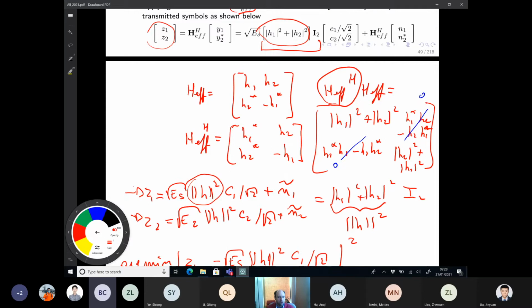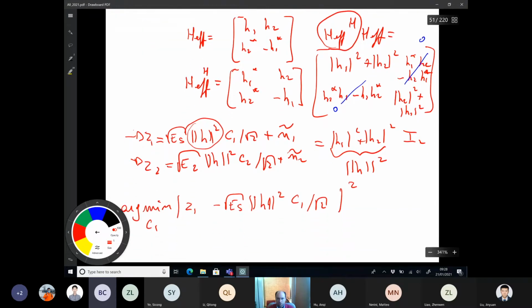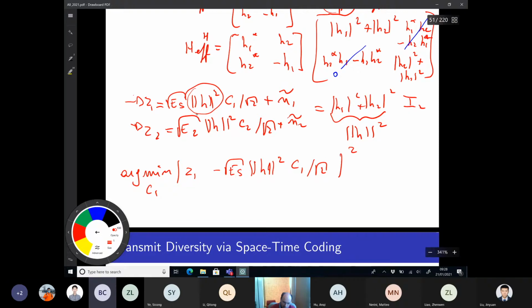So what is the diversity order, the diversity gain that we expect from this? If you think about what we did before, any idea, anyone? No one? So you're going to have a diversity gain of 2, right? Because this looks like exactly what we had before with maximum ratio transmission or maximum ratio combining.